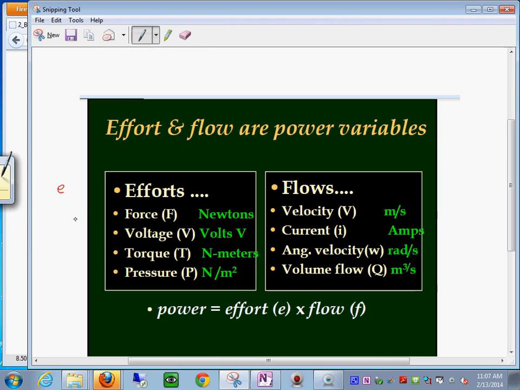I'm going to call it E. And the flow is going to be F. And then we have these variables, E and F, so far for the different things. So this we're going to call flow, this effort.